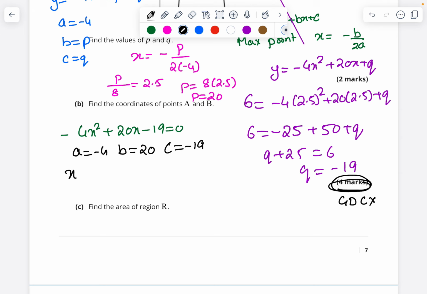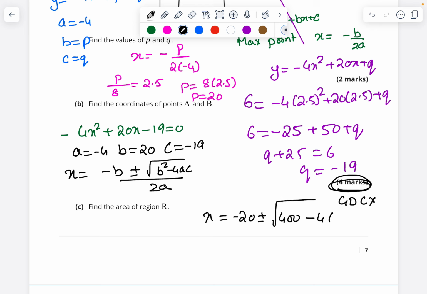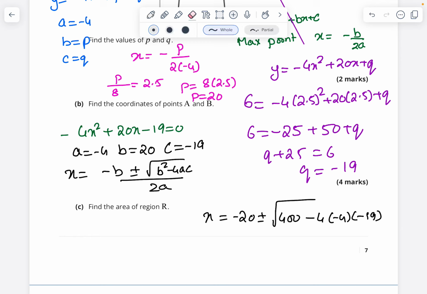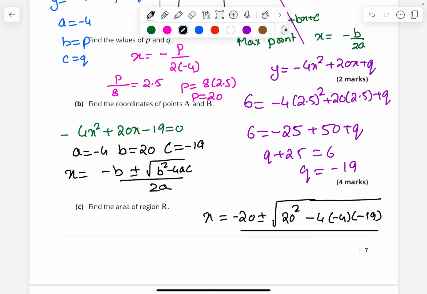So use x = (-b ± √(b² - 4ac)) / 2a. So x = (-20 ± √(b² - 4ac)), where b² is 20² = 400, upon 2a, 2 times -4.